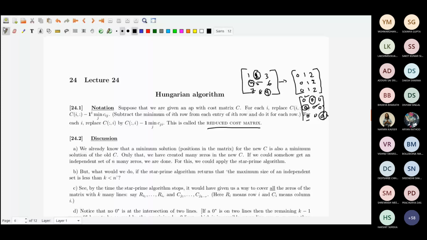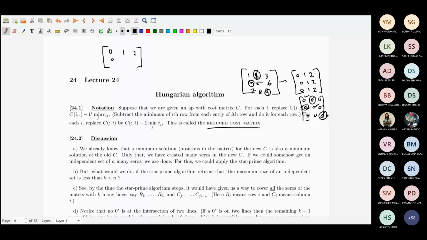Now suppose I have this kind of a matrix. In the reduced cost matrix, I got something like this: 0, 1, 2, 0, 0, 2, 3, 0, 0.